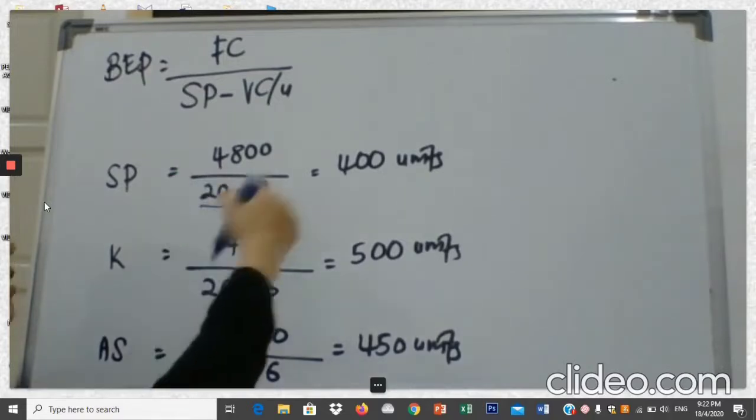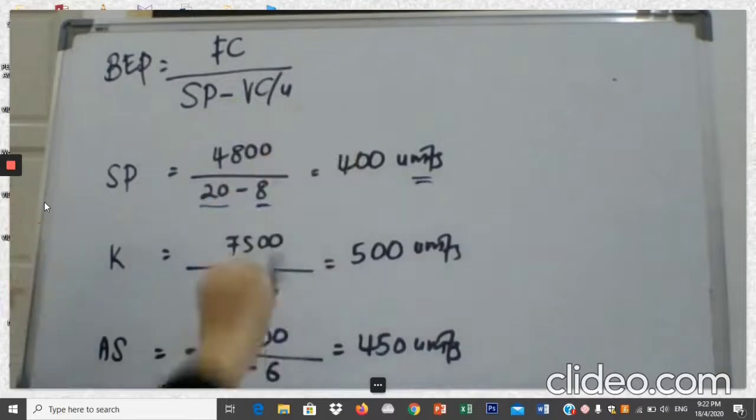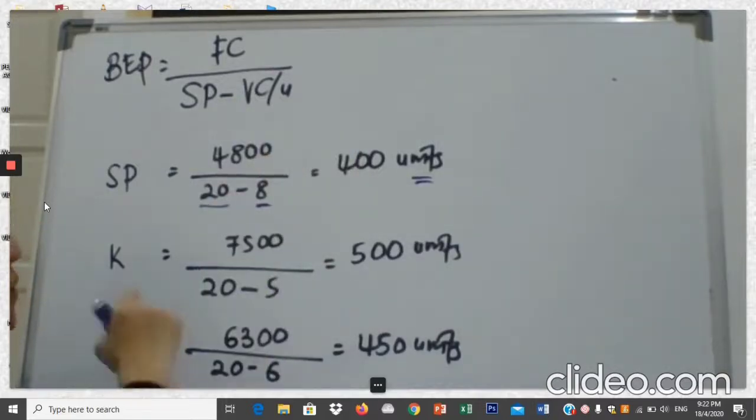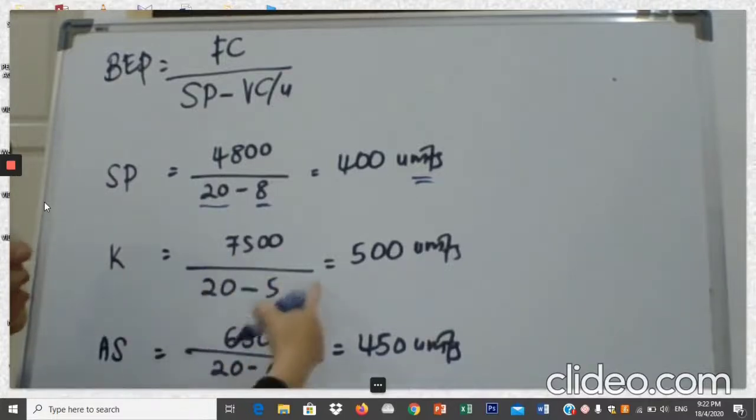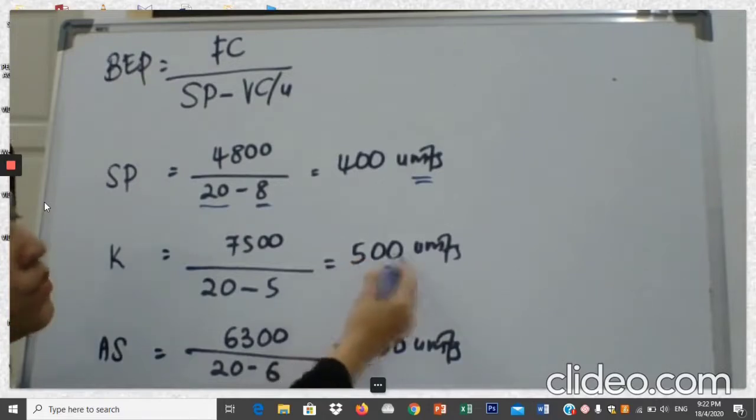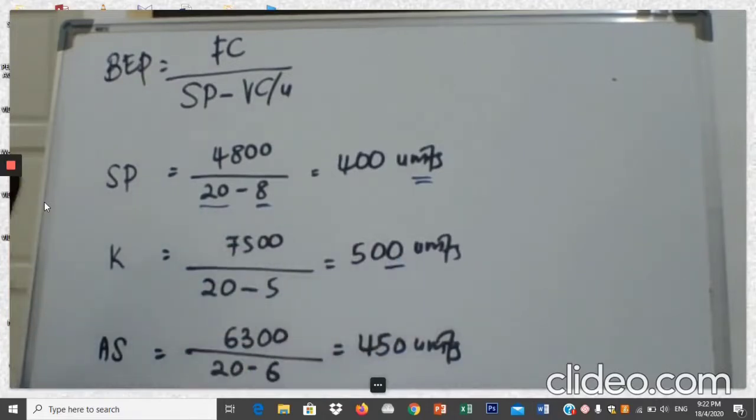When you calculate this, the break-even point for Sungai Petani is 400 units. Then you do the same thing for Guilin and Alor. You just put in the numbers as given. The break-even point for Guilin is 500 units, and for Alor is 450 units.